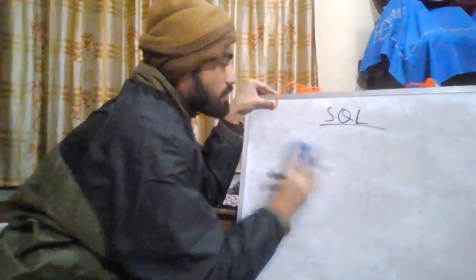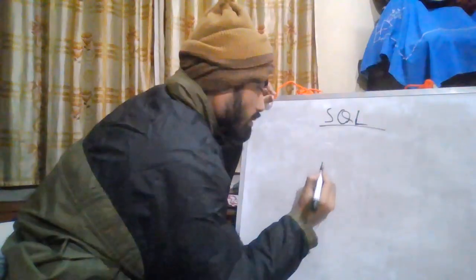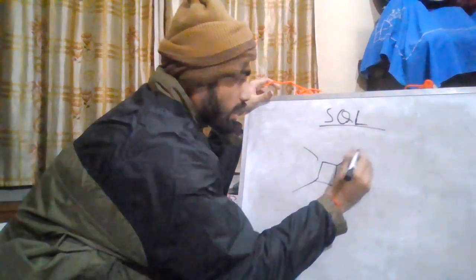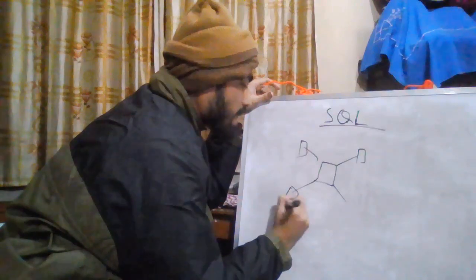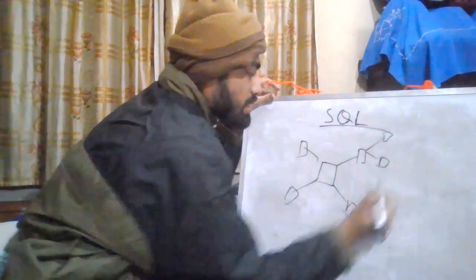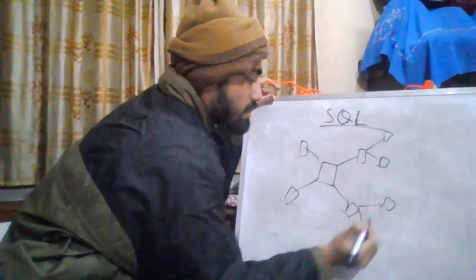So the structure will be the same. It is a fact table. There are multiple dimension tables connected to it, and these dimension tables are further connected to multiple dimension tables. This is the snowflake schema.